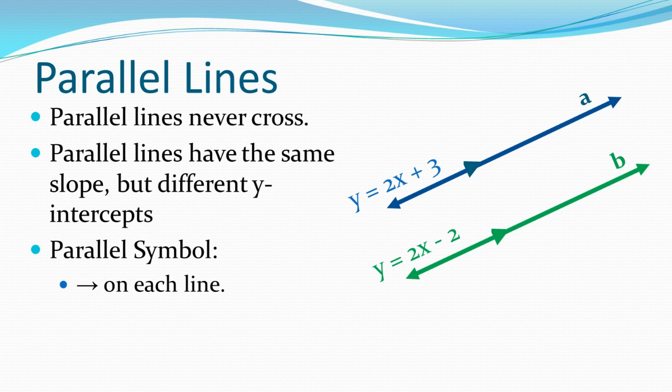This little arrow signifies that line A and line B are parallel to one another. We can write this in shorthand as well. We can say that line A is parallel to line B. That symbol, which looks kind of like an equal sign standing straight up, represents parallel.